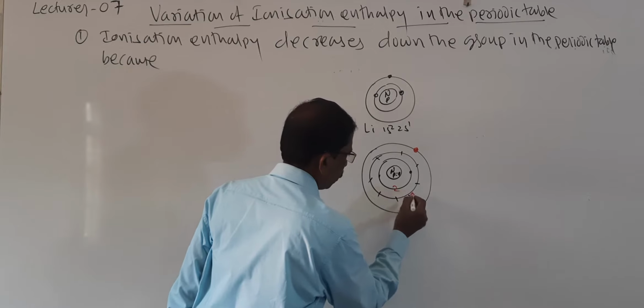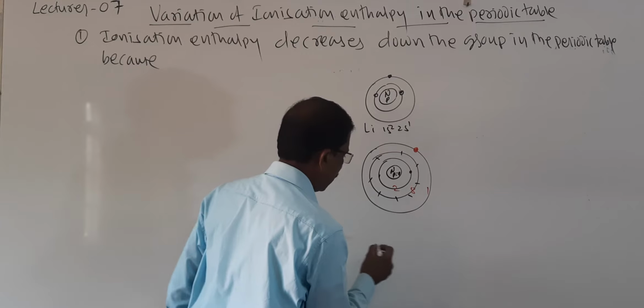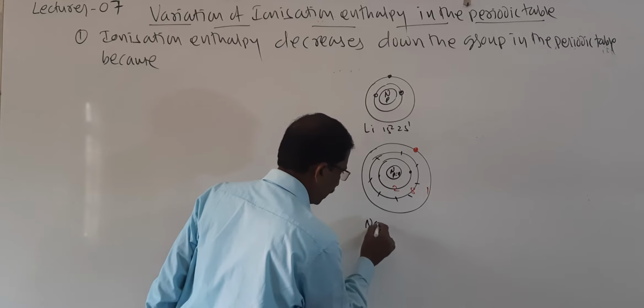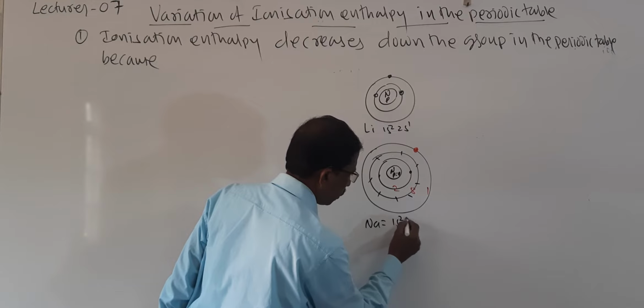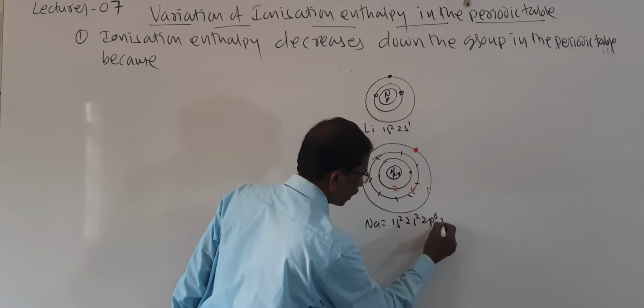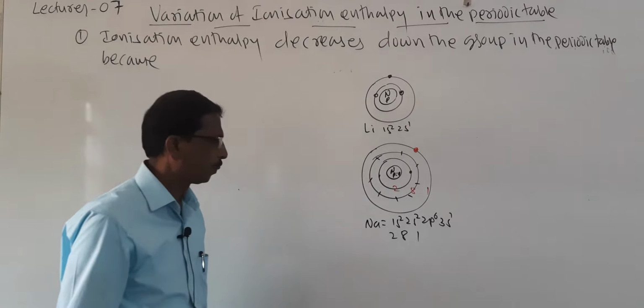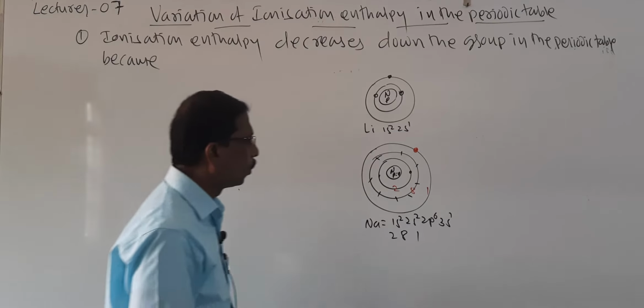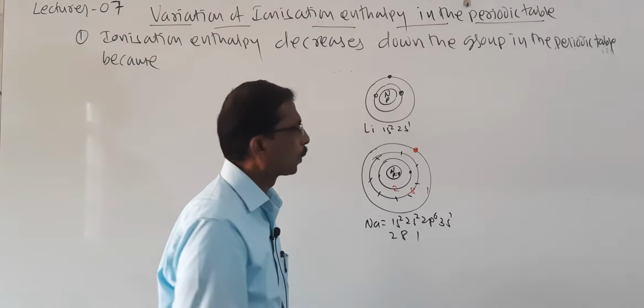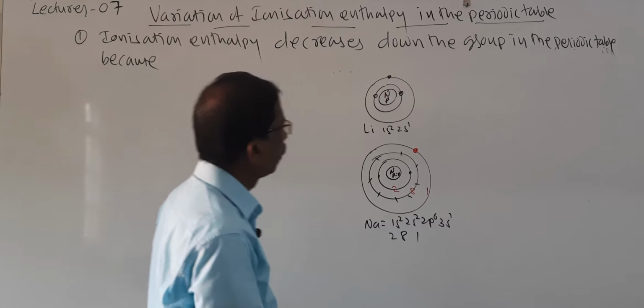That is 2, 8, 1, it is sodium Na, 1s2 2s2 2p6 3s1, that is nothing but 2, 8, 1. Look here students, and again if you go down, you come to potassium.